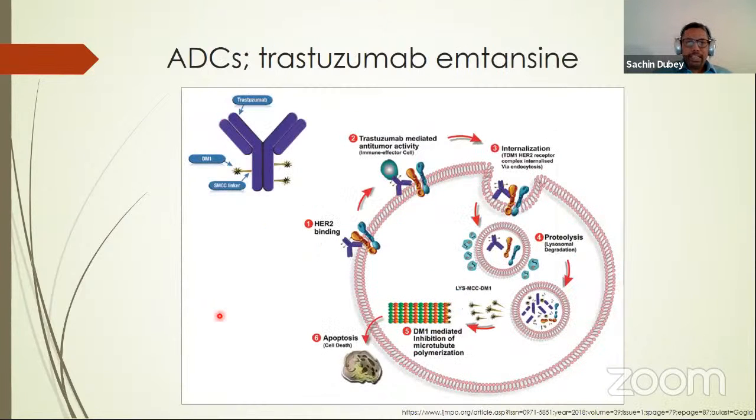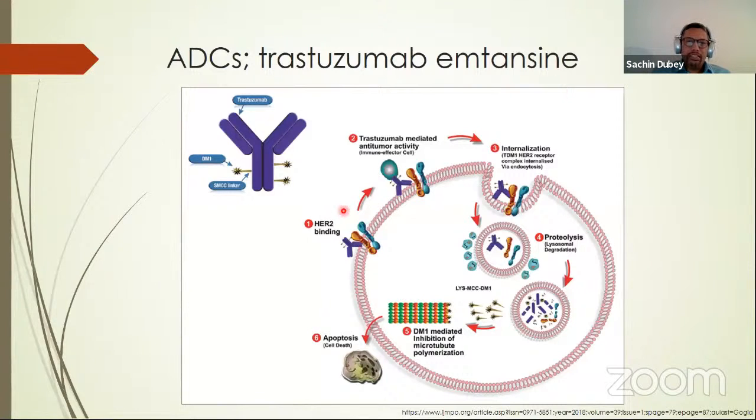One very nice example, one more time, is the same trastuzumab, Herceptin, or trastuzumab emtansine, where the small molecule maytansine is a very potent microtubulin destructor, I should say.